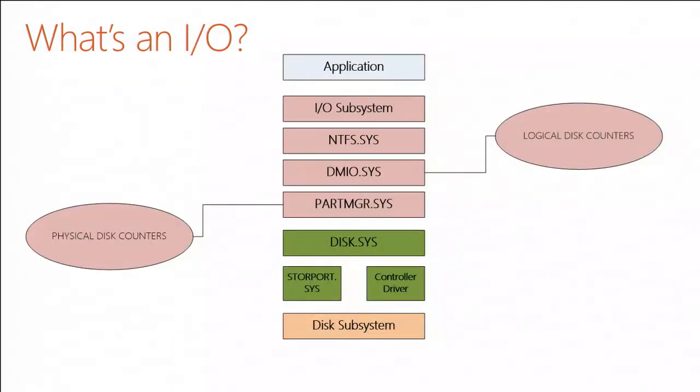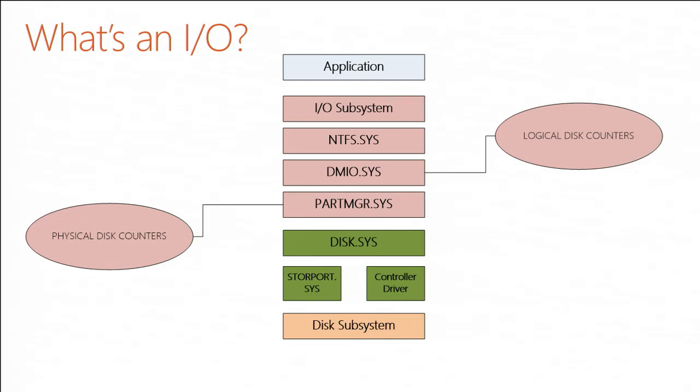If I translate to drivers on Windows, that's what we get. Right? The application could be anything. In our case, good old Exchange. And then we talk to the NTFS, we talk to disk. The MountMgr is going to be the driver that will mount a drive label.